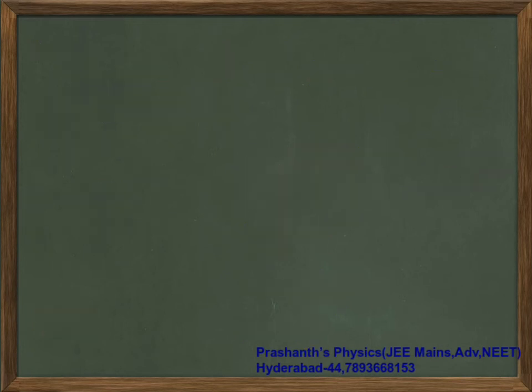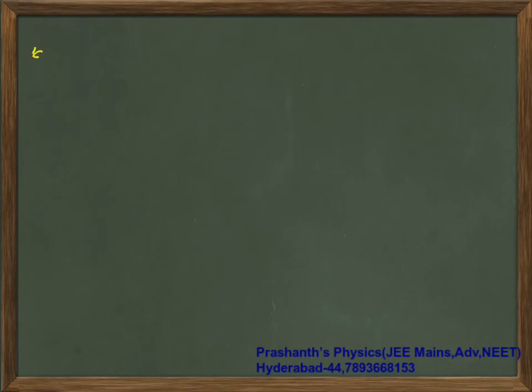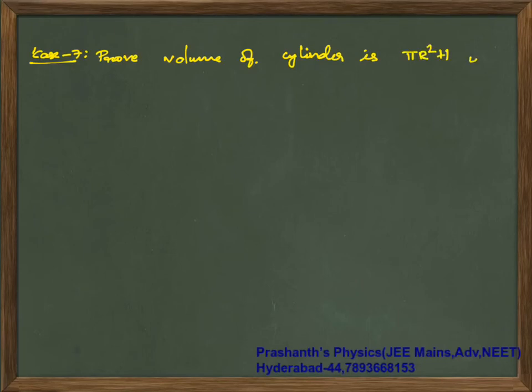Okay, next case 7. Prove the volume of a cylinder is pi r square h using integration.